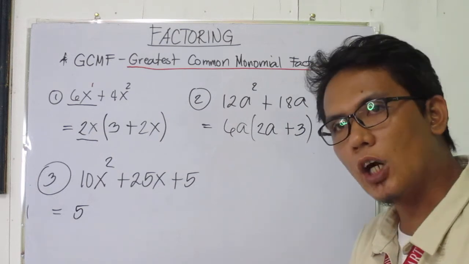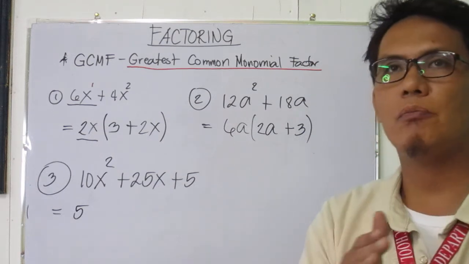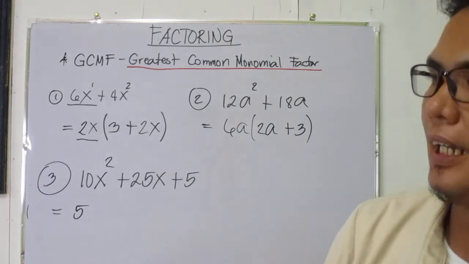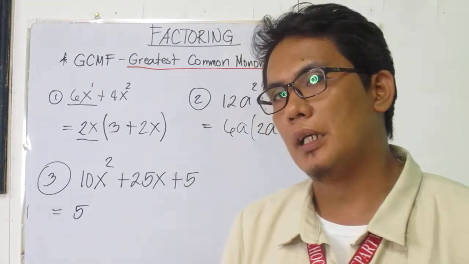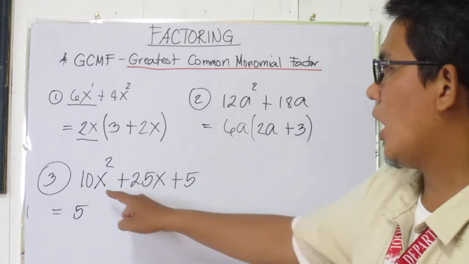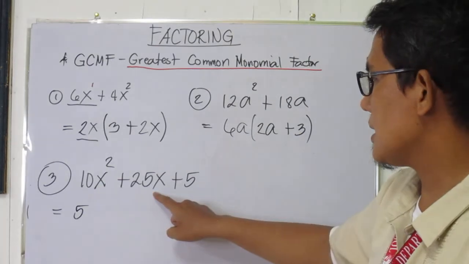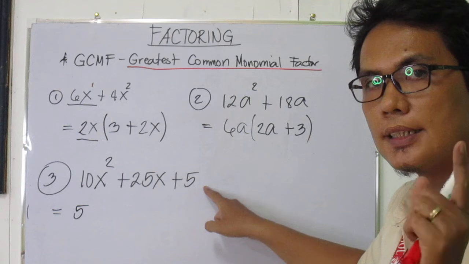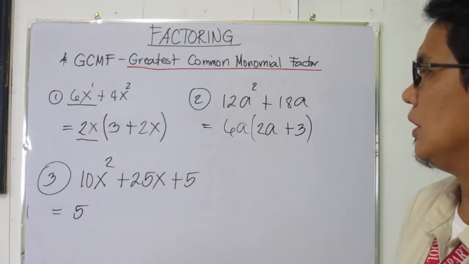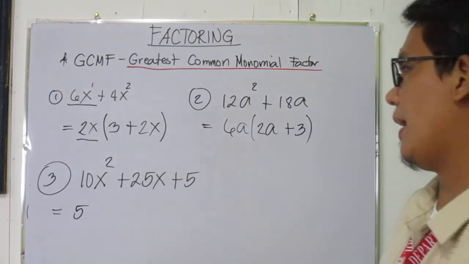When we say common, it means that it can be found in all of the terms of our polynomial itself. So we don't have x here, therefore again, x is not a common variable. So our common factor is only 5.